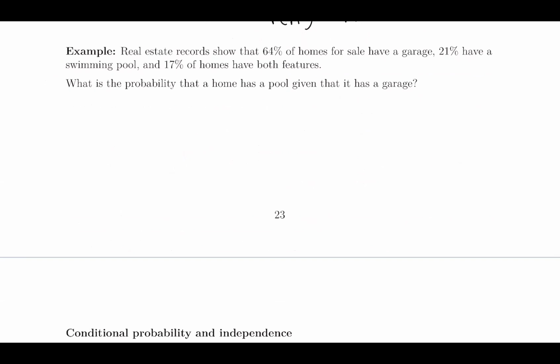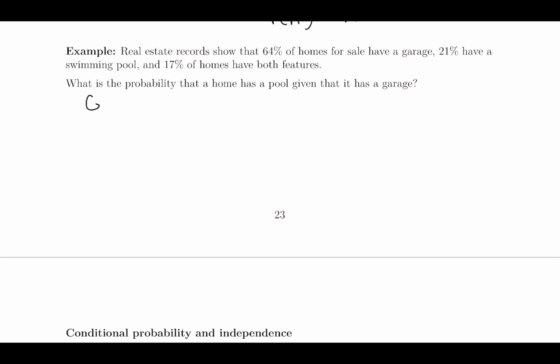What is the probability that a home has a pool given that it has a garage? All right, so for this one, what are my two events? What are those two events that are being emphasized? Cool, garage and pool, good job.